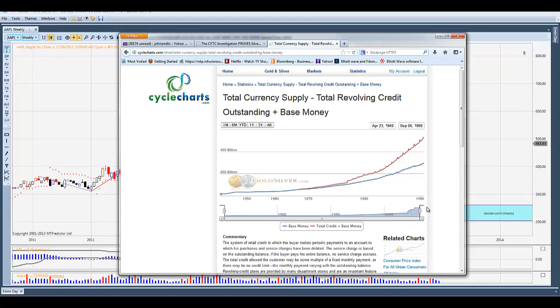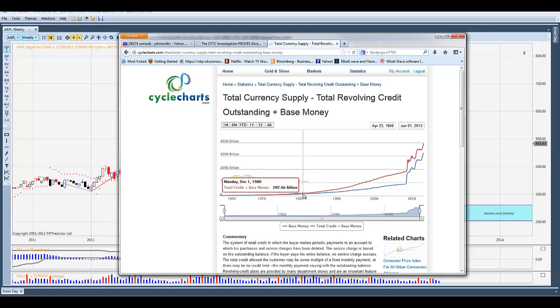Of course, the move we saw in 1980 compared to what we have today is just absolutely nothing. And so, as gold has done throughout our monetary history, it accounts for all this creation of money at some point.